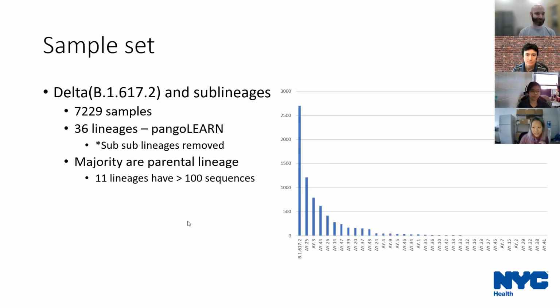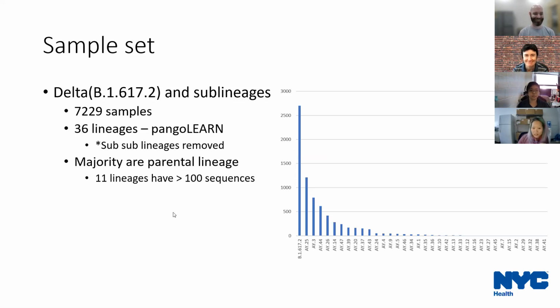So our sample set, this started in September. So at that time, New York City had about 7,000 something sequences that were delta and its sublineages. And as of early November, that is now split into 36 lineages as called by pangoLEARN. And I did remove the sub-lineages, so like no AY4.1 to something.